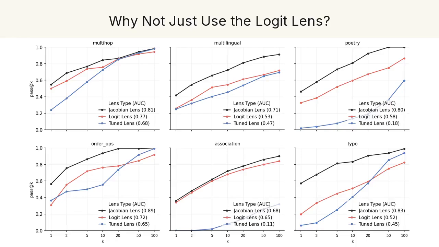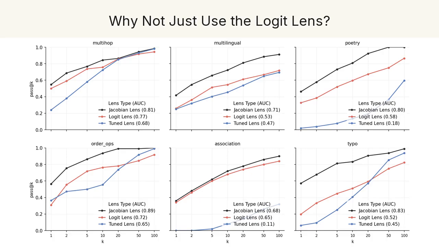A fair question. Interpretability already had a tool for peeking at middle layers, the logit lens. Why build something new? Because the logit lens makes a shortcut assumption that a middle layer speaks the same language as the output, and that assumption breaks down in the earlier layers, where it returns basically gibberish. The Jacobian lens is the principled correction, because it learns the actual average map from each layer to the output.